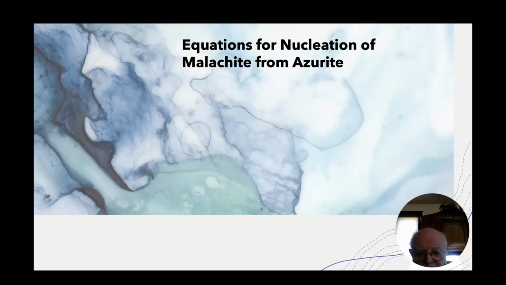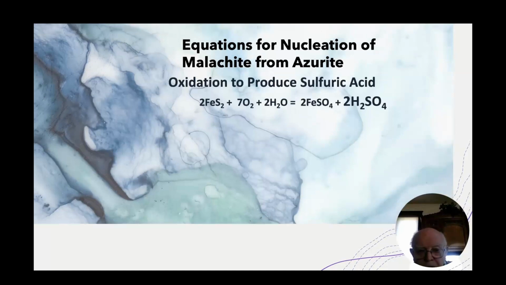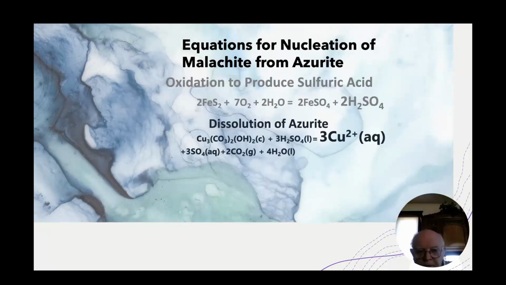Three equations are shown that will help elucidate the possible nucleation of the pseudomorph. Sulfuric acid can be generated from the oxidation of pyrite found in the matrix of the specimen.